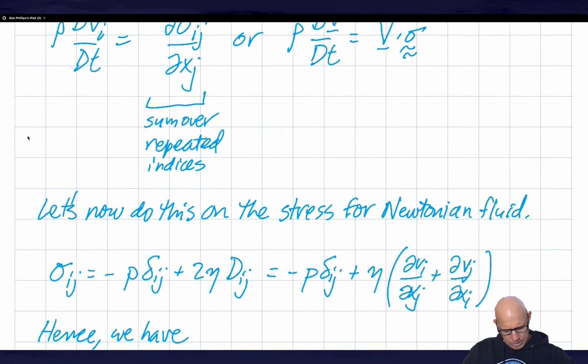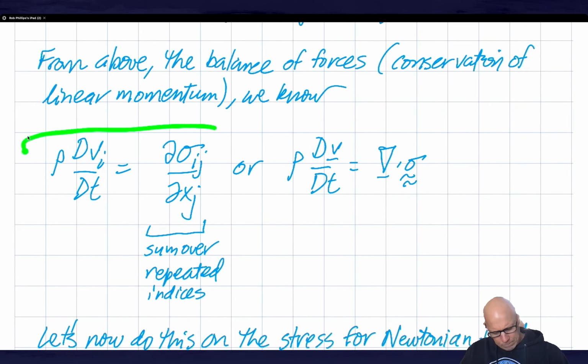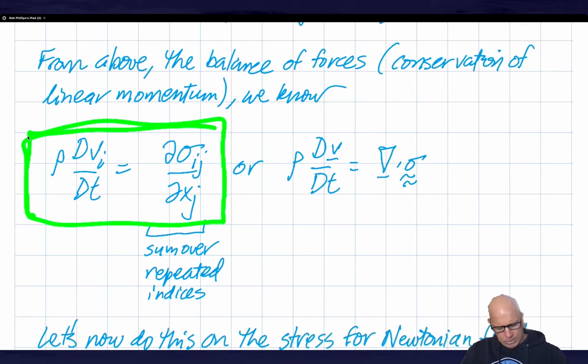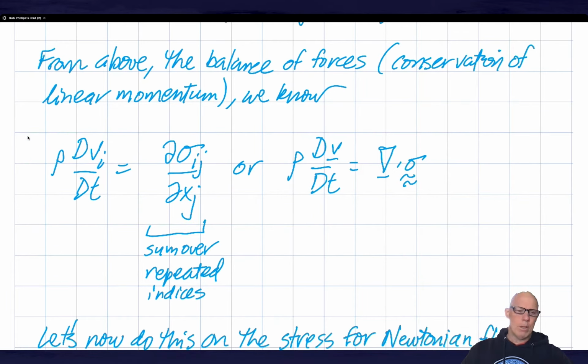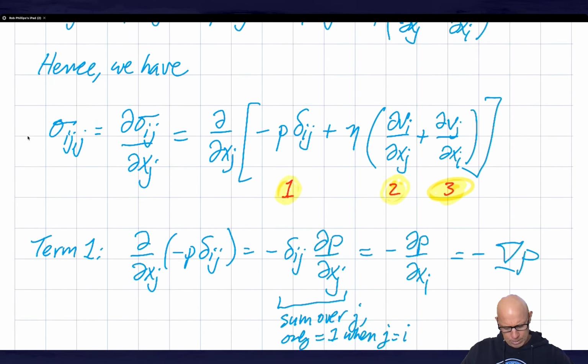Why do I say it's a vector equation? Because this equation that I write right here, there's 3 equations, really. There's rho dv1 by dt, there's rho dv2 by dt, and there's rho dv3 by dt. Those are the 3 components of velocity, and I'm trying to find out what the dynamics of those components is.